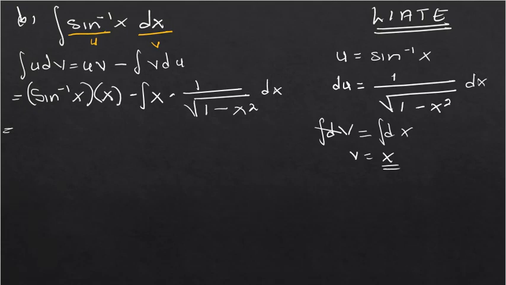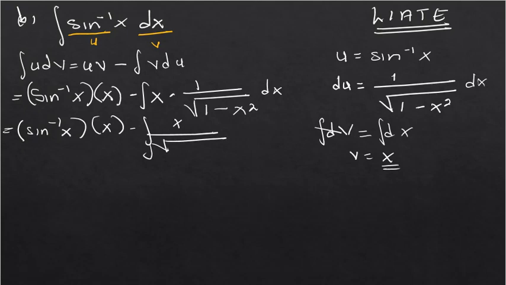We can multiply everything and we're going to get sine inverse of x times x minus the integral of, when we multiply this, the x is supposed to come on top, so our x is going to come on top like that, and we have our 1 minus x power 2.